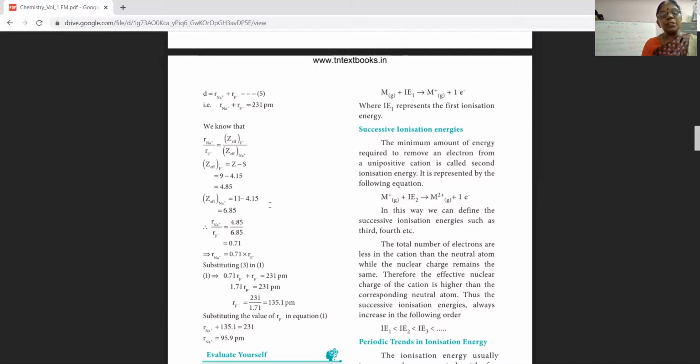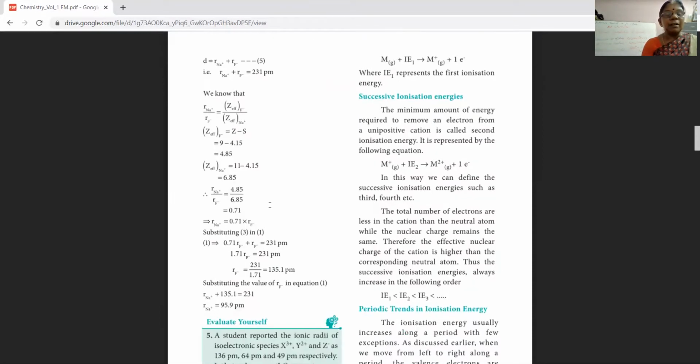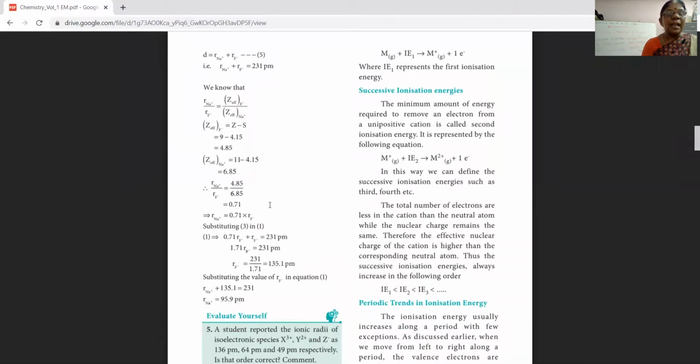If you substitute those values in that formula, RNa+ by RF- is 4.85 divided by 6.85, and the value is 0.71. And RNa+ is 0.71 into RF-.